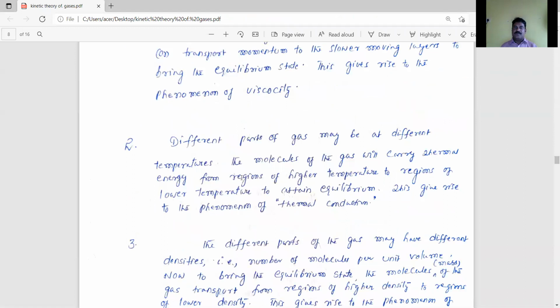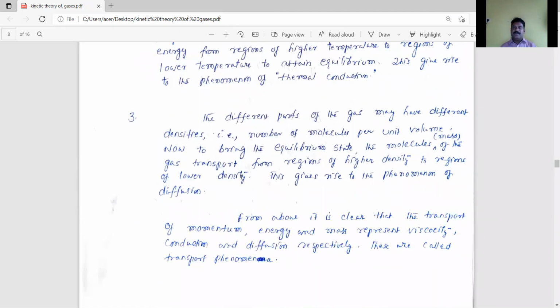Similarly, thermal conduction may happen because of the transport of heat energy from high temperature region to low temperature regions.